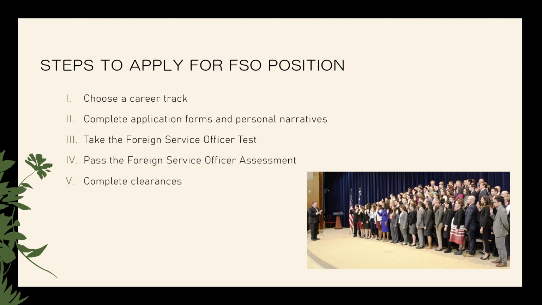If you pass that test, then you have to pass the Foreign Service Officer assessment, which includes a case management exercise, a structured interview, and a group exercise. After that, you have to complete clearances, which are medical clearances, security clearances, stuff like that. And then you will eventually be offered a job.